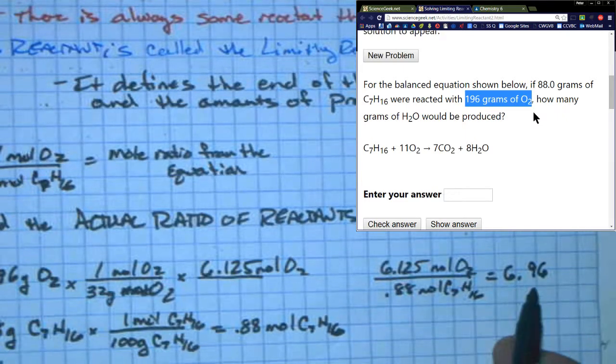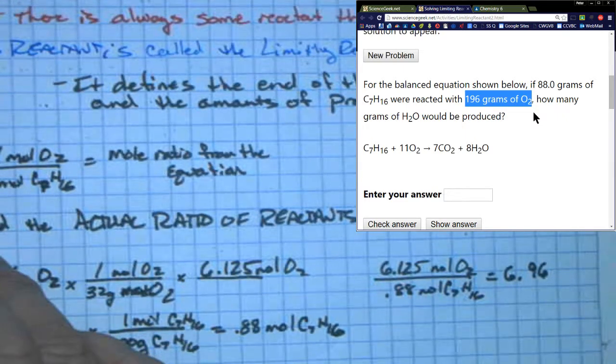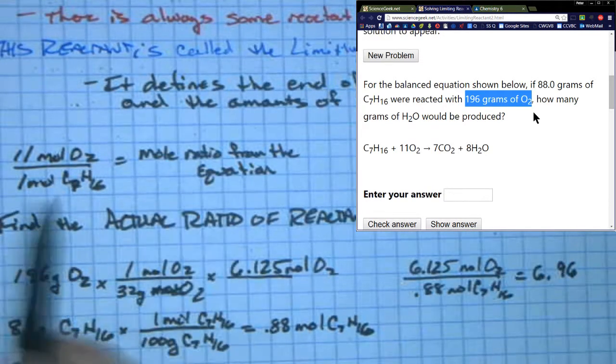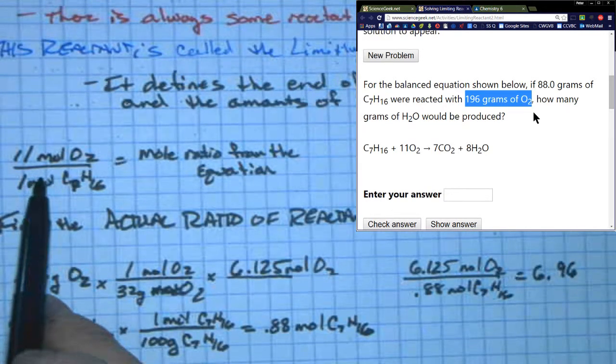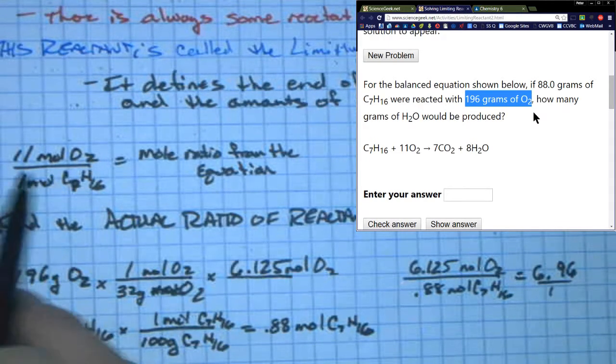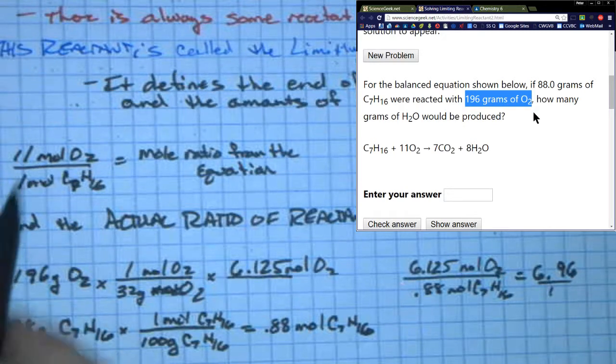How does this value compare to that value? This is 11, right? 11 divided by 1? That's 6.96 over 1. This is how much oxygen we have compared to our heptane. This is how much oxygen we need compared to our heptane, right?